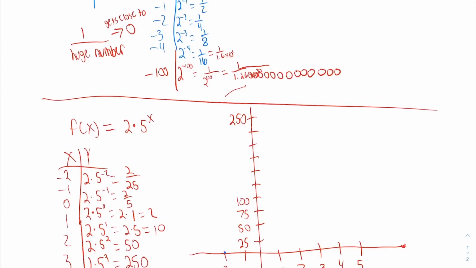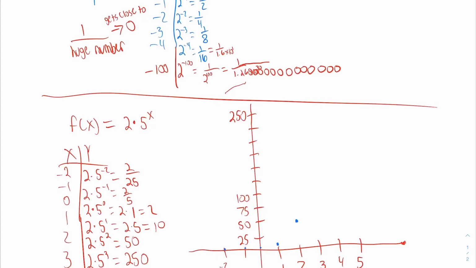Negative 1 was 2 over 5. 0 was 2. 1 was 10, so that's about halfway to 25. 2 was 50. 3, 250.